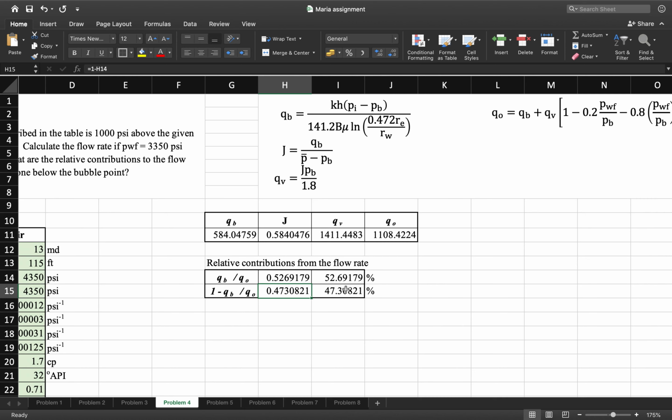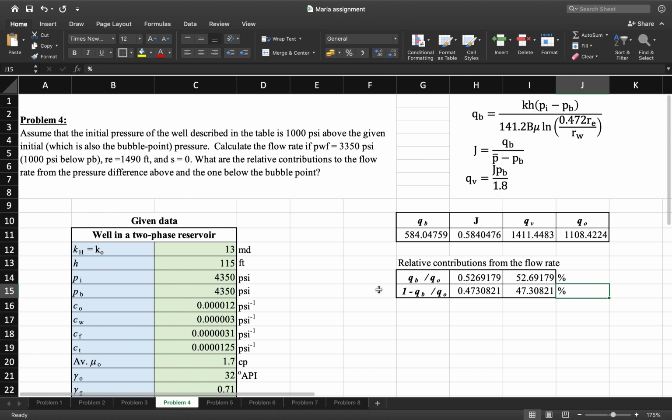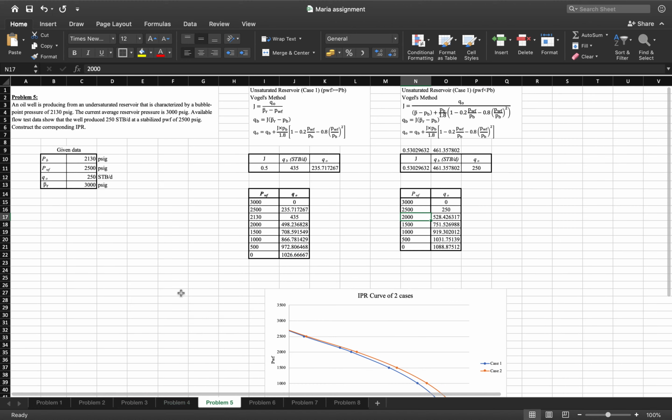So it means that the relative contribution to the flow rate from the pressure drawdown above the bubble point is 52.69%, and the other is nearly 47.31%. Okay. So now let's turn to problem 5.